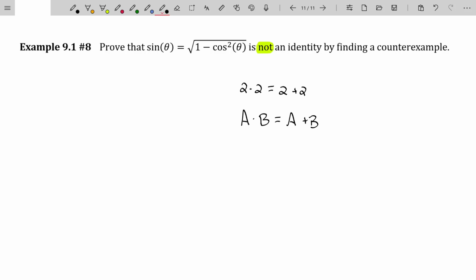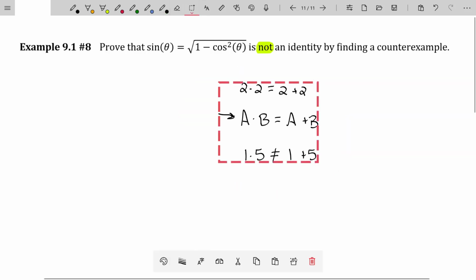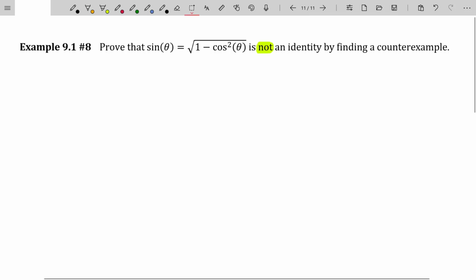But to showcase that it's not always true, I just need to find one example where it doesn't work. And 1 times 5 is definitely not the same as 1 plus 5. So there you go, I have provided a counterexample. Whoever creates this statement has been proven wrong. That statement is not always true. So that's how a counterexample works. You just want to find some place where it doesn't work.